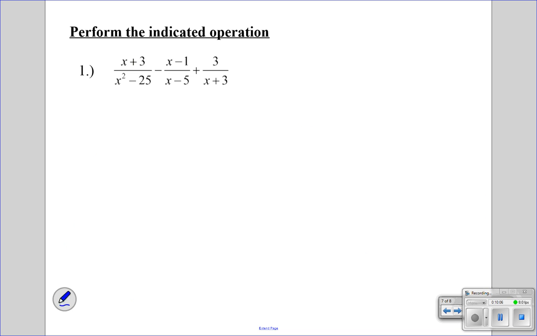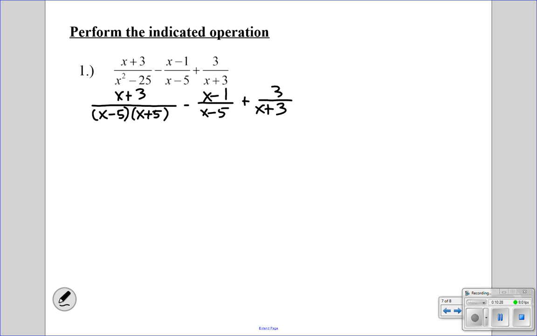All right, I have one more slide. Okay, we have 3 now that we're adding and subtracting. So let's do those. We have x plus 3 all over x minus 5, x plus 5, minus x minus 1 over x minus 5, plus 3 over x plus 3.